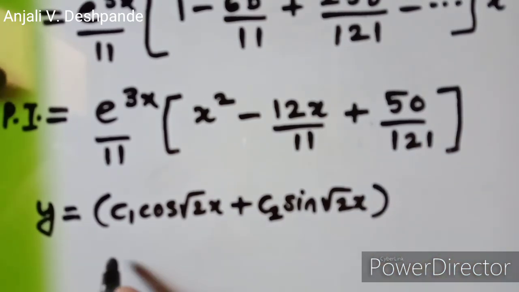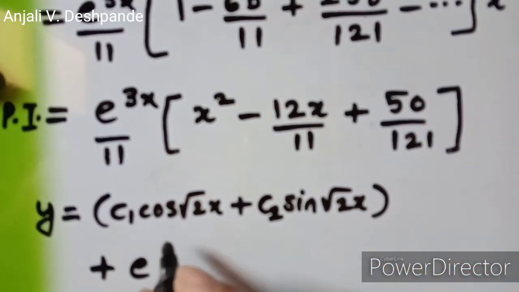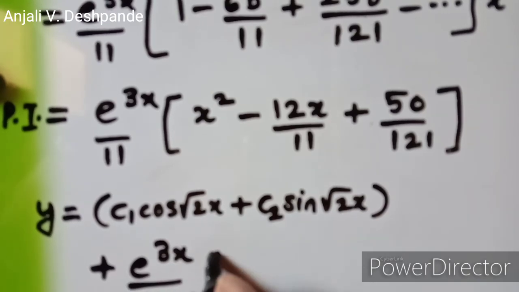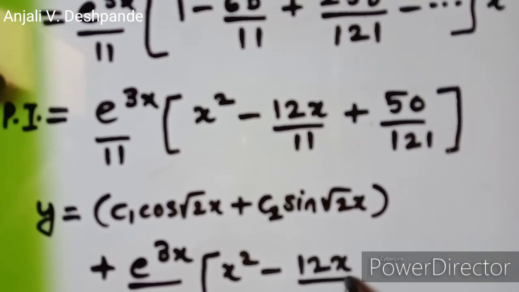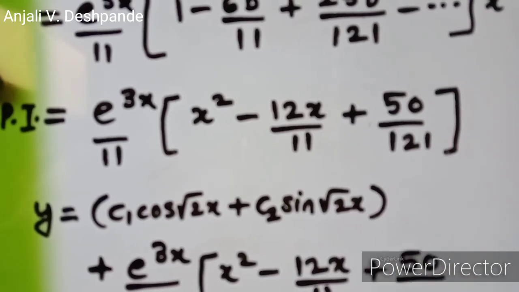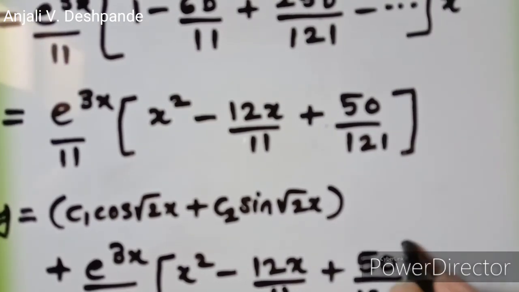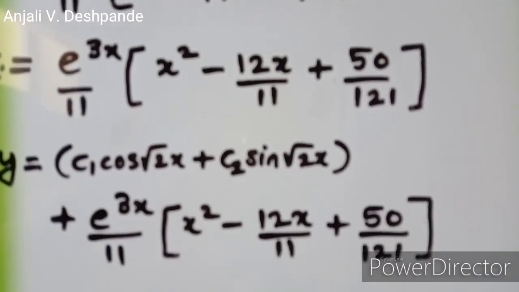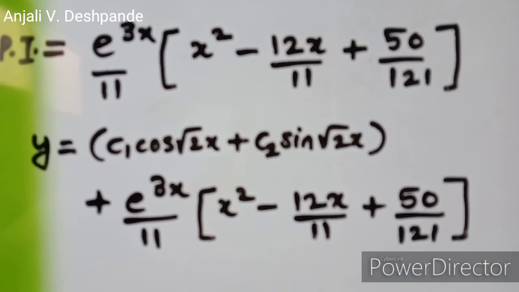So this is the CF part, plus now the PI part which we had just now found out, e raised to 3x divided by 11 into bracket x square minus 12x divided by 11 plus 50 divided by 121. So this is the PI for case 4. So these are the 4 cases for finding out the particular integral.